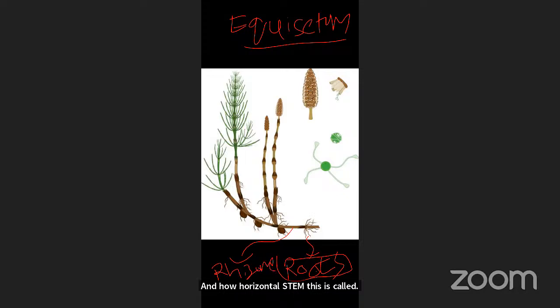And two types of branches are arranged: one is the fertile branch, and the other is the sterile branch. This is the sterile branch.